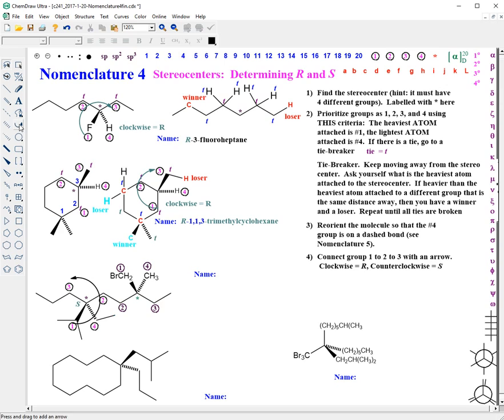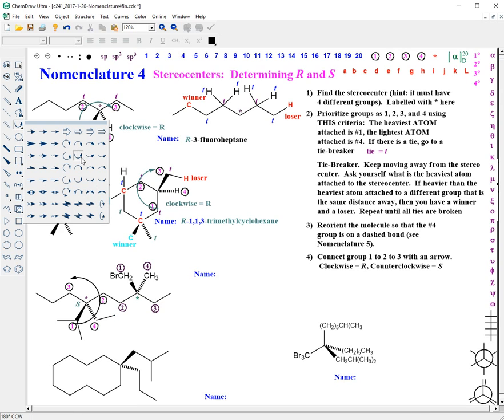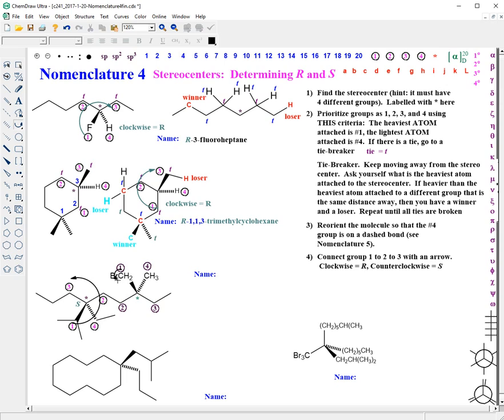We have a second S stereo center in the same molecule, connecting 1 to 2 to 3. Clearly a counterclockwise venture. So that is also an S stereo center.